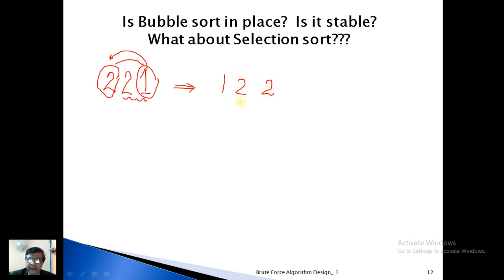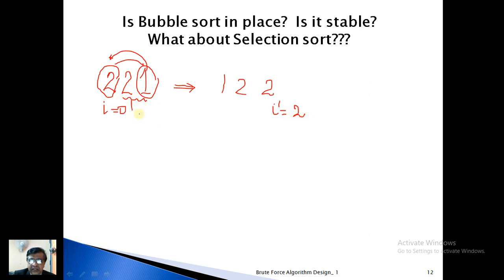Then this will be assumed as the smallest element. Comparison will take place and no exchange will take place because 2 is equal to 2. This position contains an element which is equal to the element contained in the next position. Therefore, swapping doesn't take place. But this 2 is here. So I equal to 0, and here it came over here, I dash equal to 2.